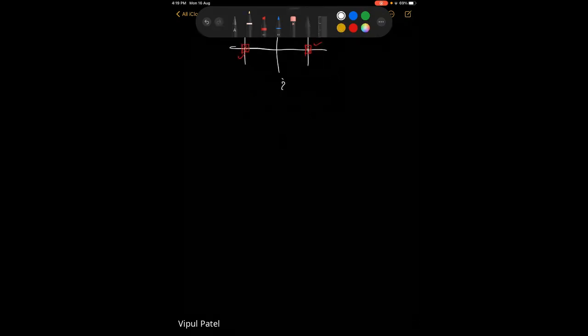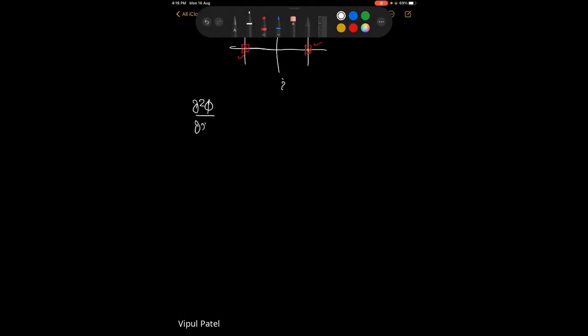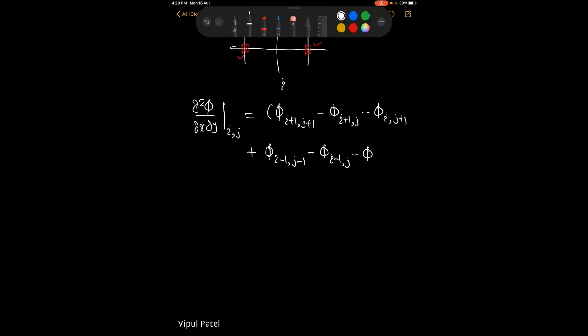So that expression is something like this. Del square phi by del x del y at any node ij will be equal to phi I plus 1 comma j plus 1 minus phi I plus 1 comma j minus phi at I comma j plus 1, plus phi I minus 1 comma j minus 1 minus phi I minus 1 comma j minus phi I comma j minus 1, plus 2 phi I comma j.